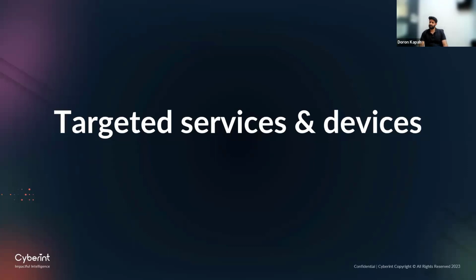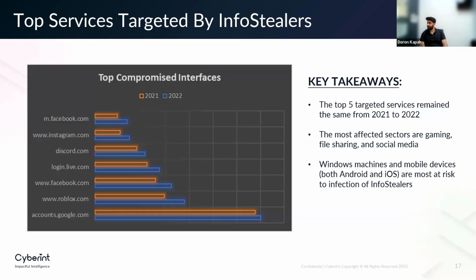Targeted services and devices. So let's go on. Top services targeted by InfoStealers. Actually, this means what are the top login details that we saw, the most common login credentials that we detected? We can definitely see over here that Google takes them all. Then we have the popular Roblox, and right after that comes Facebook, Live, which is Microsoft, Discord, Instagram, and Facebook.